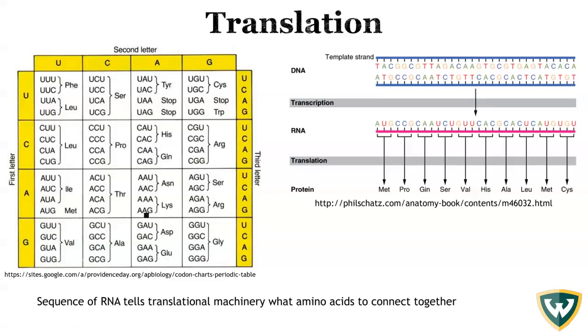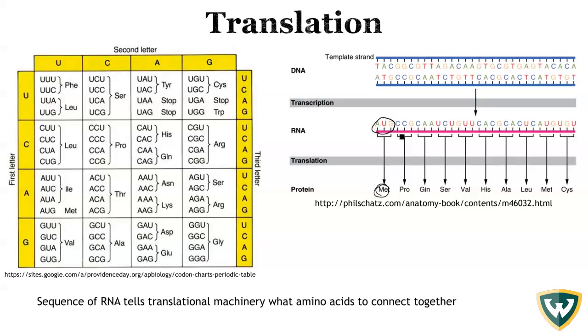The way it does this is it reads through what are called codons, or letters in threes of RNA. So the machinery, the ribosome, will come and read every three letters with a start codon, and it'll match those to a tRNA carrying a methionine.